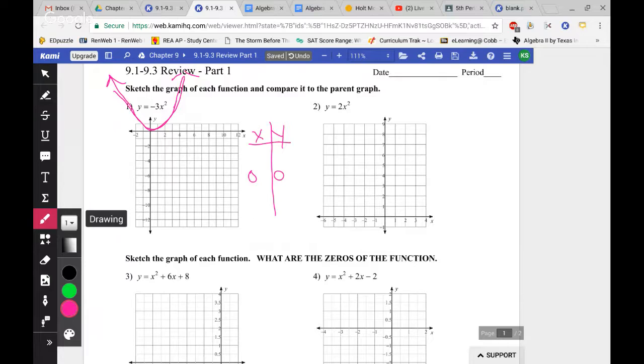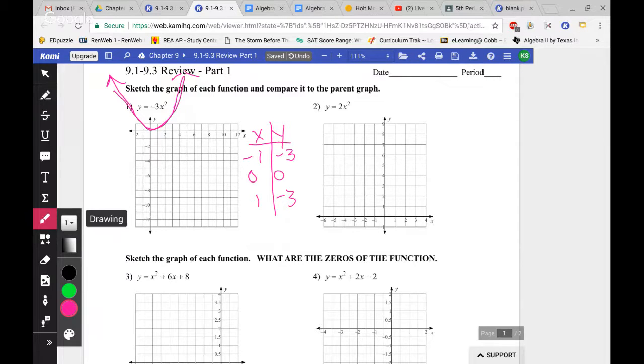It's just only going to be skinnier. So if I plug in a -1, I'm actually going to get a -3 because -1 squared is 1 times a -3. And if I plug in a 1, I'm going to get the same exact thing because 1 squared is 1 times -3 would make that -3.